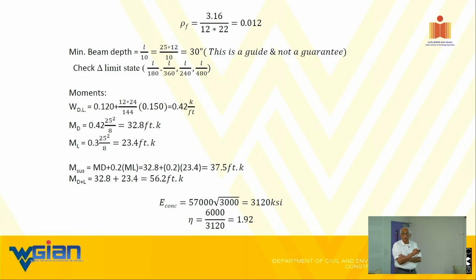Unlike the ultimate load combination that I gave you earlier for the strength limit state, now I'm talking about this serviceability limit state. Here, you cannot avoid dead load. That's always going to be there. What they are saying is, to find the deflection, you are going to use 20% of the moment corresponding to the live load. That is the message I want to give you from this slide.